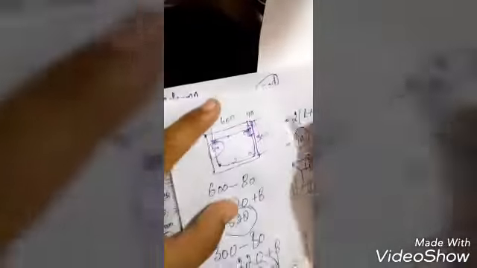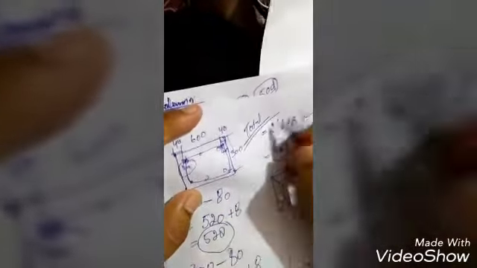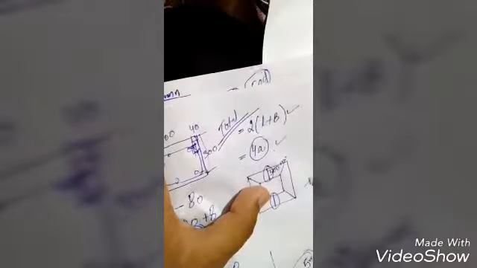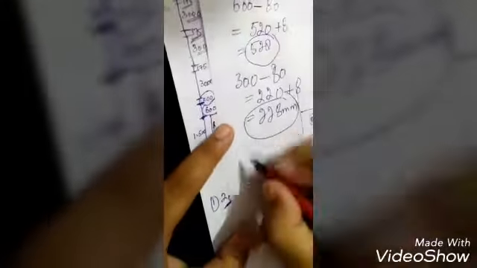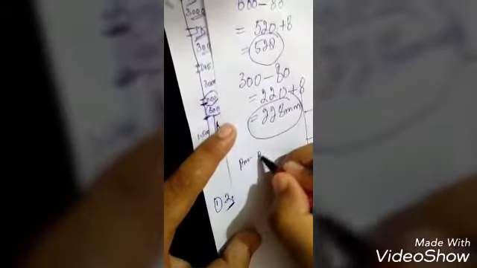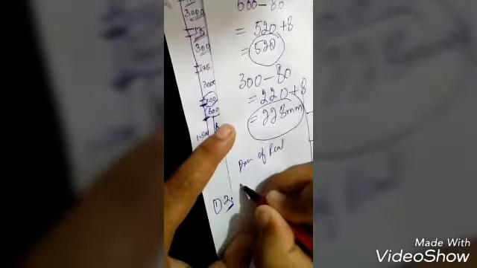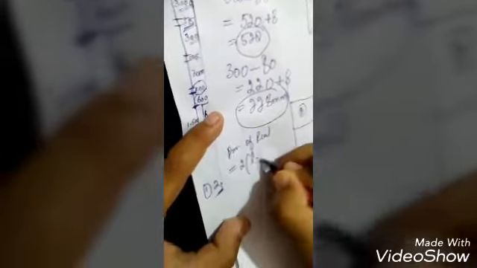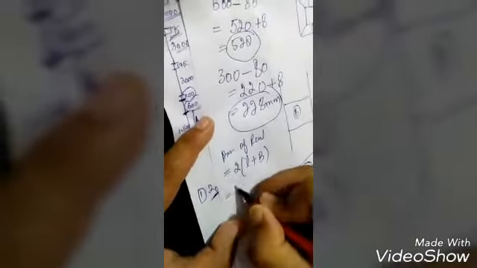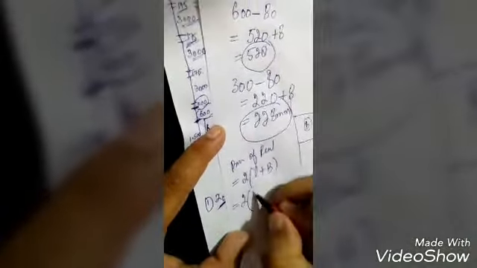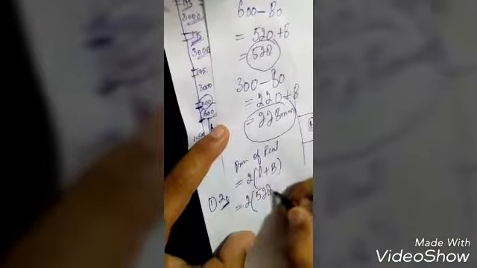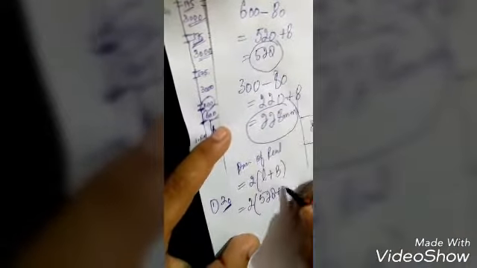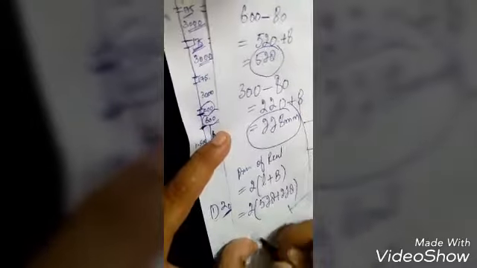So how to find the total length of the stirrup? We know the perimeter of a rectangle is twice into length plus breadth. So twice into the length, 528, plus the breadth, 228.